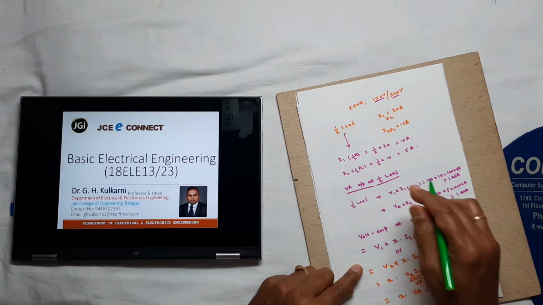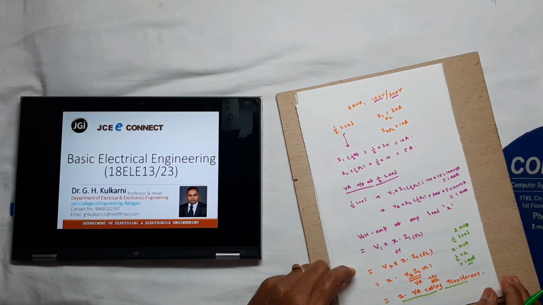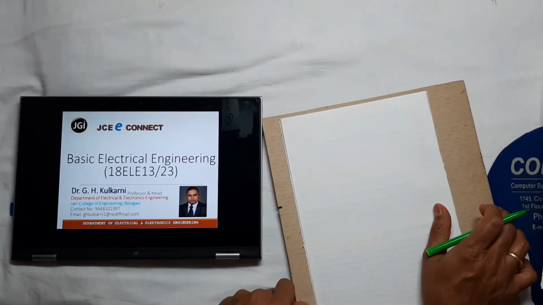What we are getting here? It is a generalized equation, that is X into volt ampere rating of the transformer. I will demonstrate once again here.